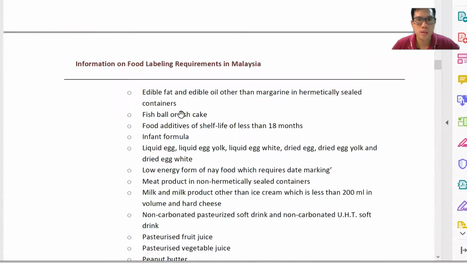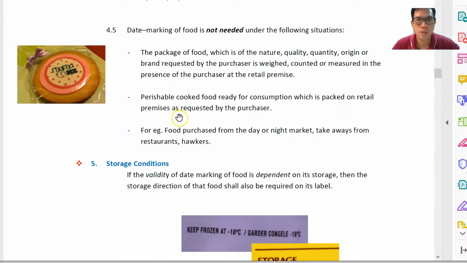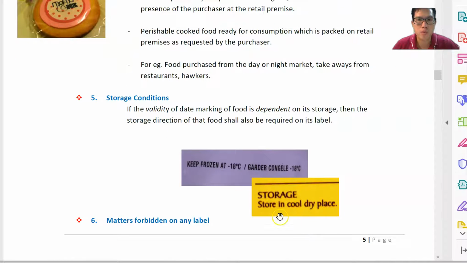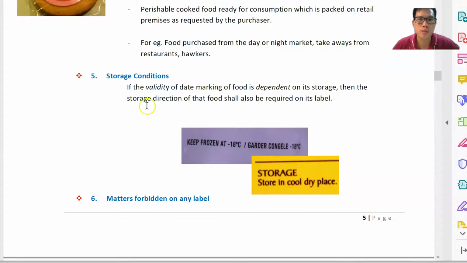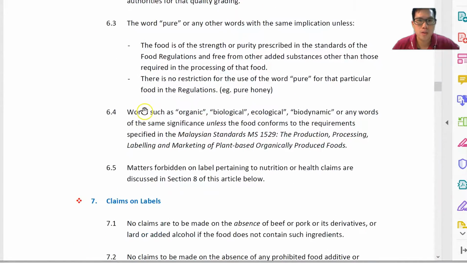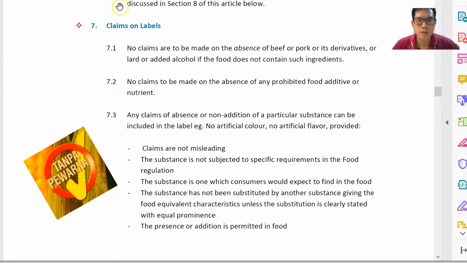They also tell you the storage condition, very important. Keep them frozen, store in cool, dry places, and so forth, so that the consumer knows where to store after purchase. Claims is very important. The regulations are very tough on the claims.